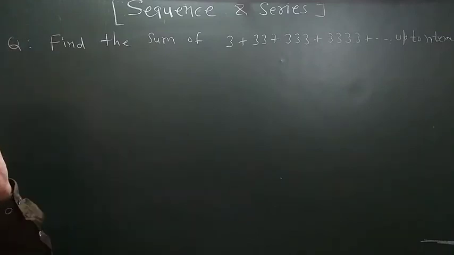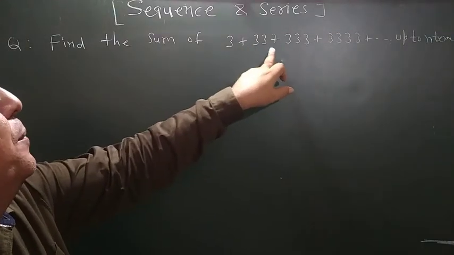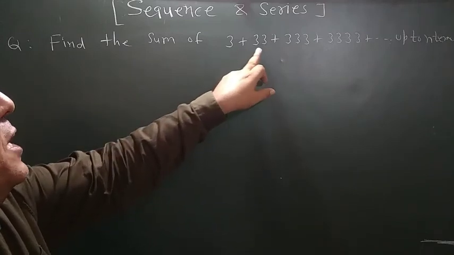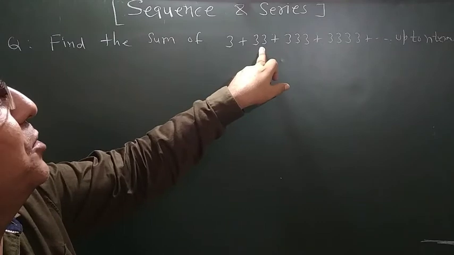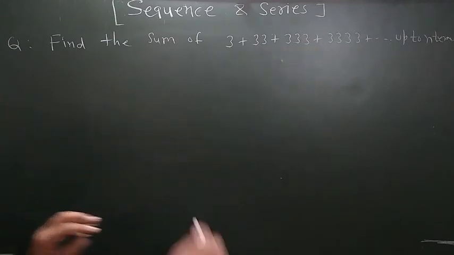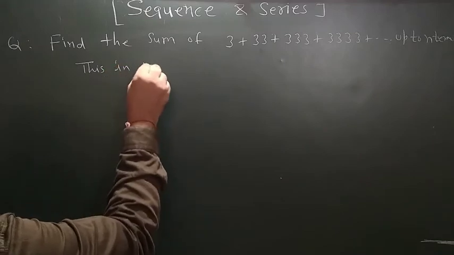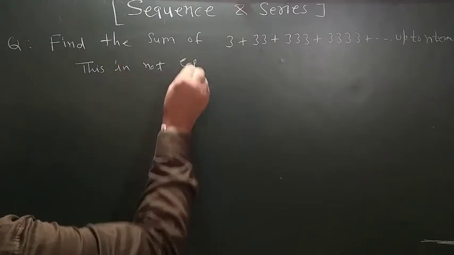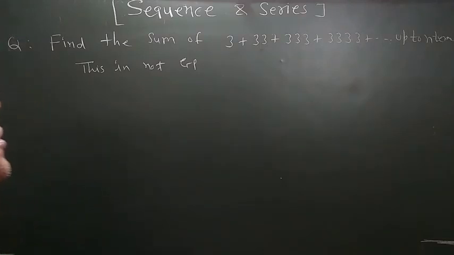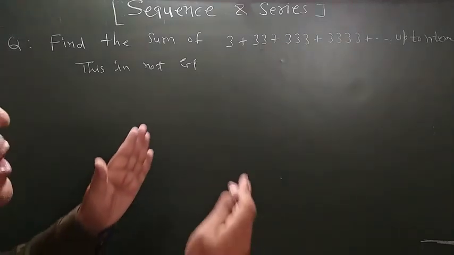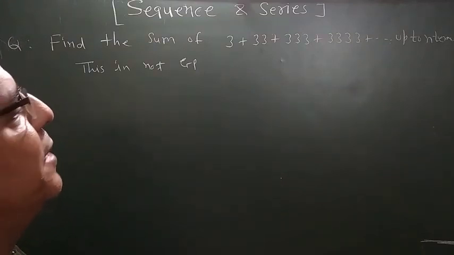This looks just like a GP, but this is not a GP because 33 divided by 3 gives 11, but 333 divided by 33 does not give 11. So this is not a GP. How can we find the sum of these types of series? First we convert this sequence into a GP, and after it we find the sum of n terms.